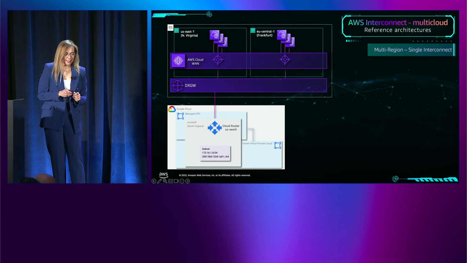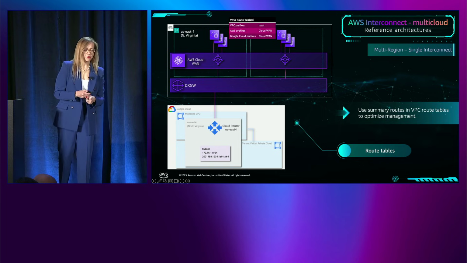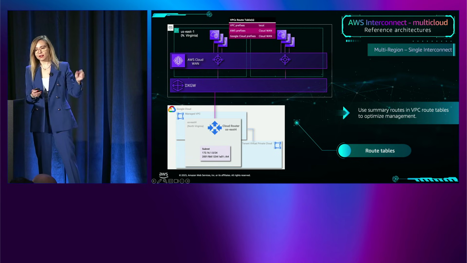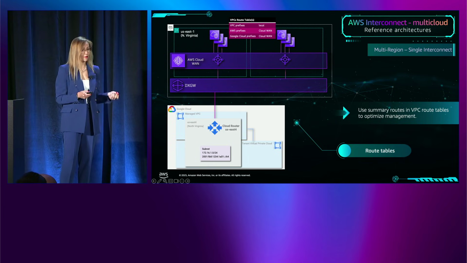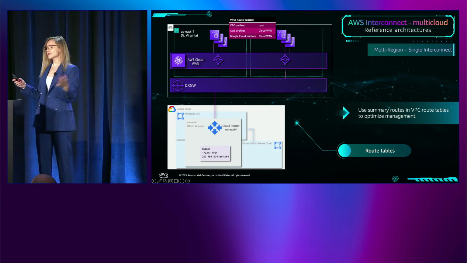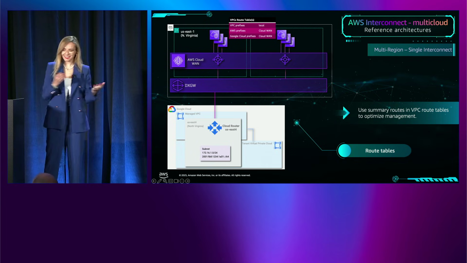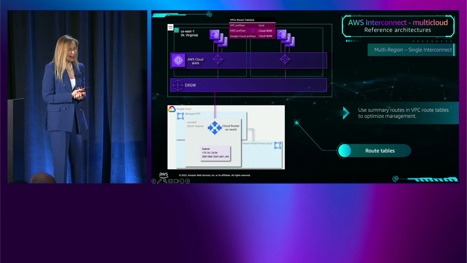Now, if we are looking at the route tables, again, from a routing perspective, the VPC is still the owner of the routing in AWS, so you have to configure VPC routing and decisions at that level. Summary prefixes are amazing, so keep in mind that route summarization is important.